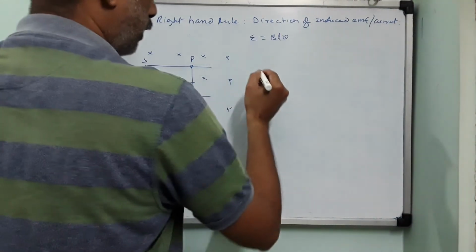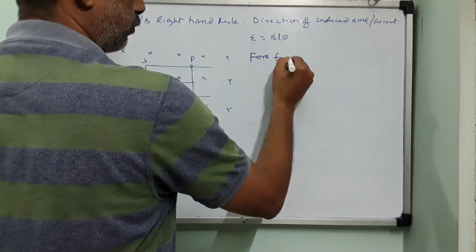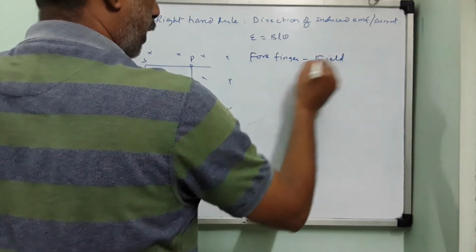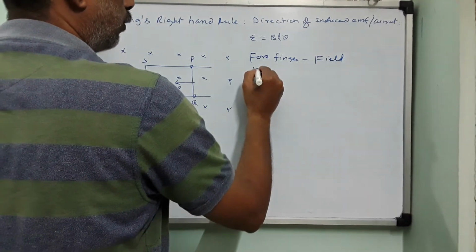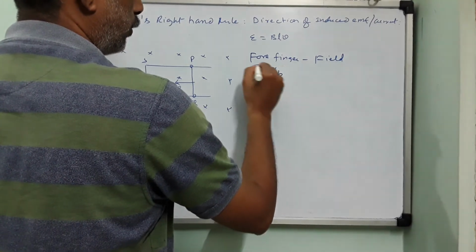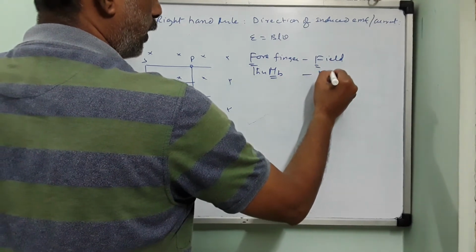So the law says that the forefinger is in the direction of field, obviously the magnetic field only. Now the thumb, let me write it in capitals so that it will be easy for you to remember. The thumb shows the direction of motion of the conductor.